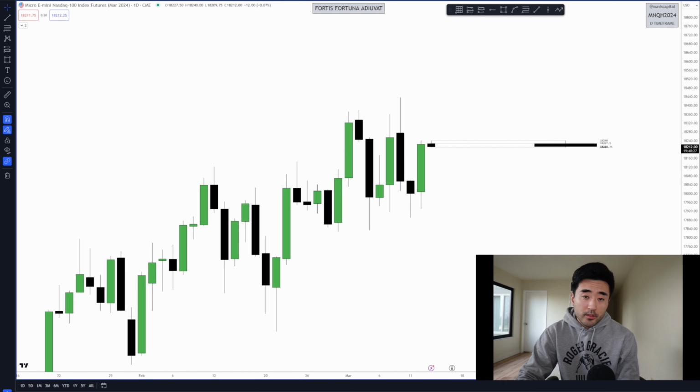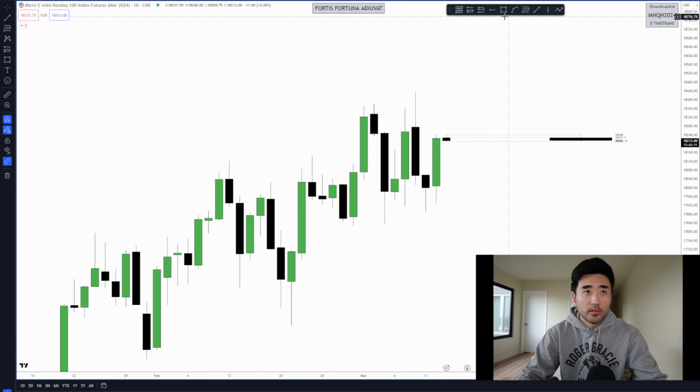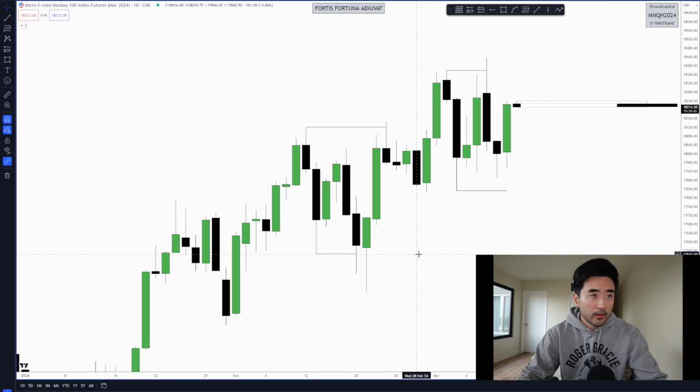So jumping right into it, where does this liquidity rest? Typically, liquidity is going to be resting at swing highs or swing lows, as well as equal highs and equal lows. So right here we have a swing high, we have a swing low, we have another swing high right here, swing lows right here, right?